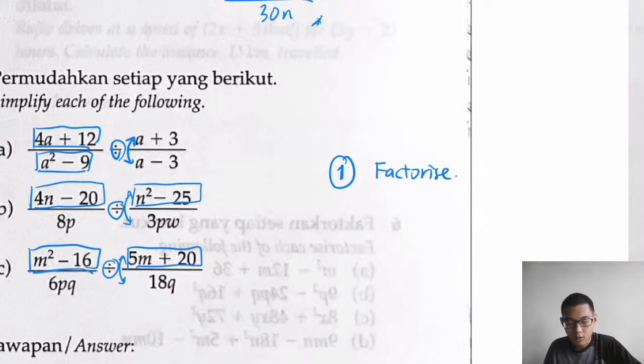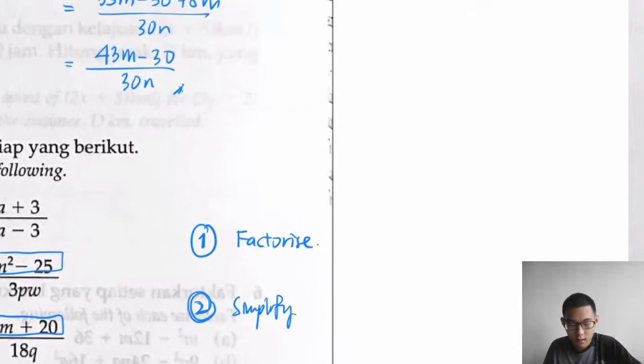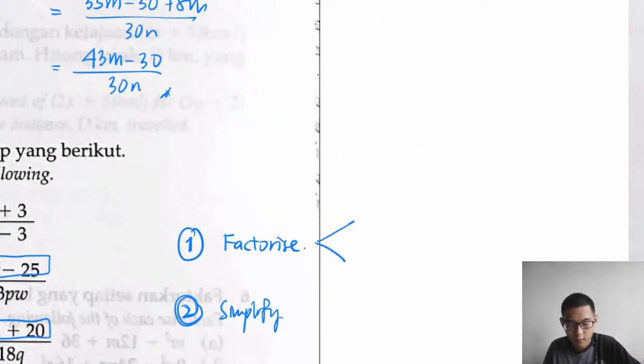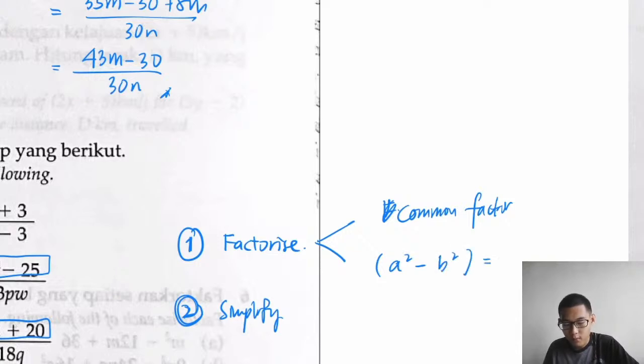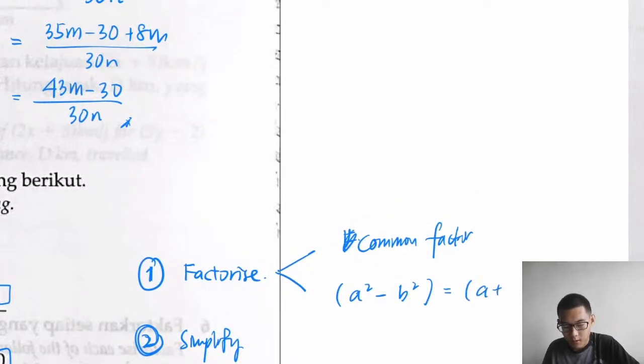Second, we try to simplify. Factorizing has two conditions. One is factorizing by finding common factors. Another one is a squared minus b squared, which we can write as a plus b, a minus b.